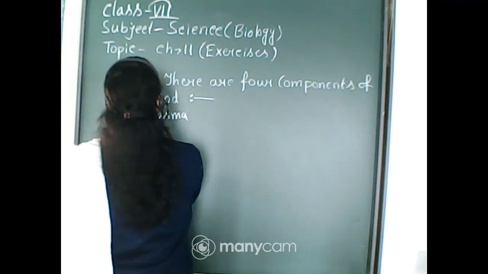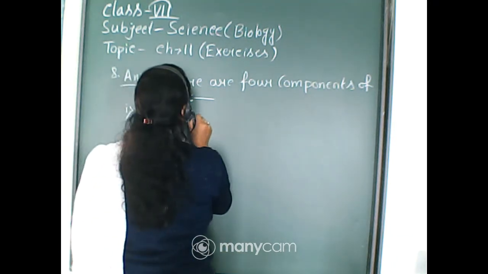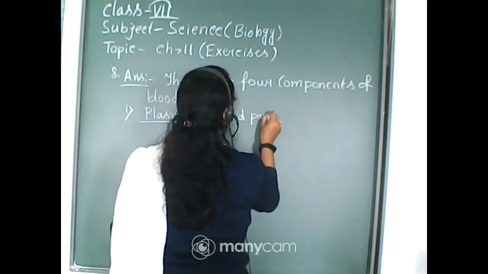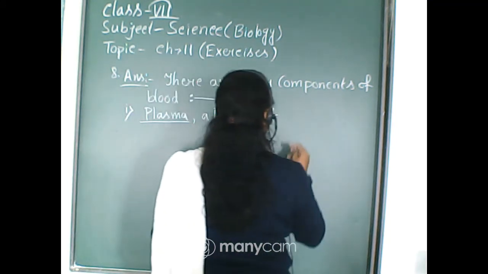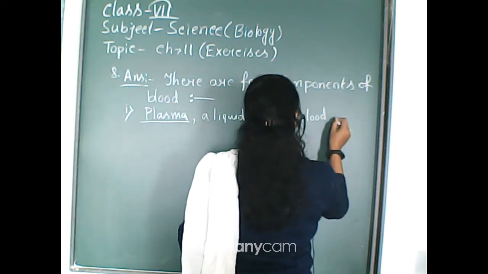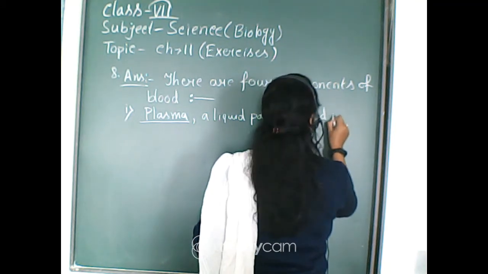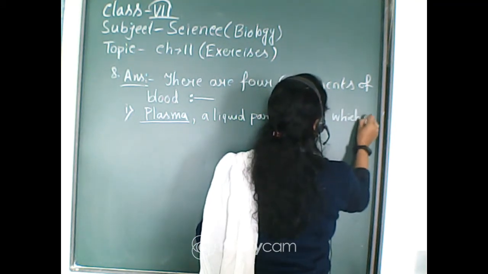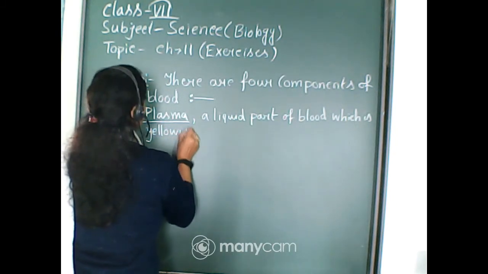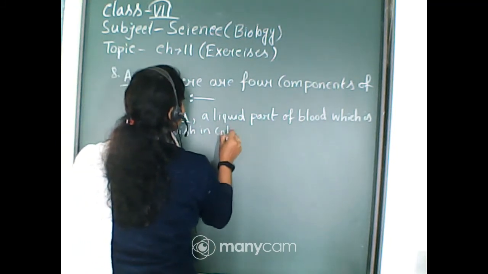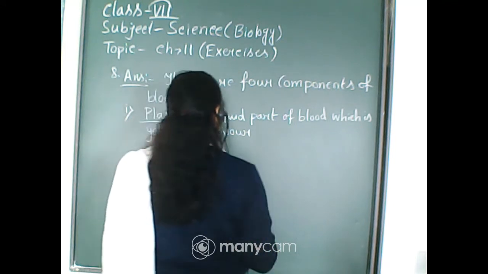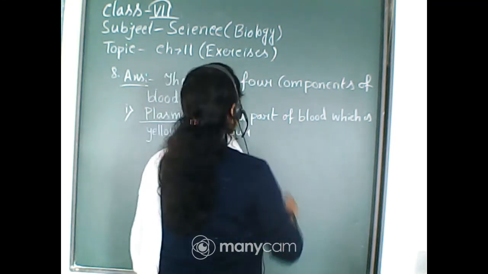You can write: plasma, a liquid part of blood which is yellowish in color, and contains 90% water.